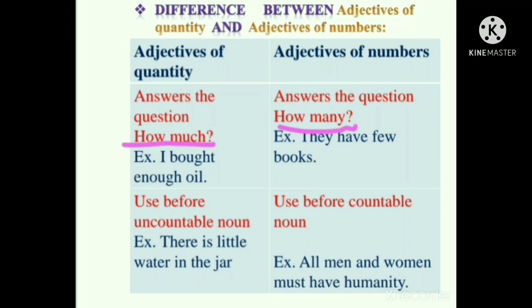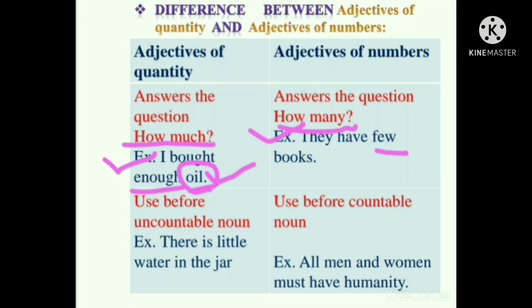For example, see, in the example of adjectives of quantity, I have taken the example: I bought enough oil. Here, enough is an adjective of quantity, and oil is a noun, an uncountable noun. And before that there is an adjective, and that is an adjective of quantity. And for adjectives of number, I have taken the example: they have few books.